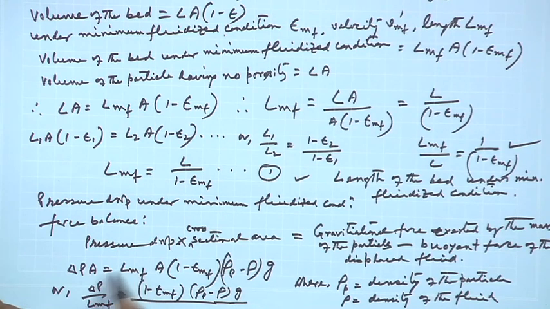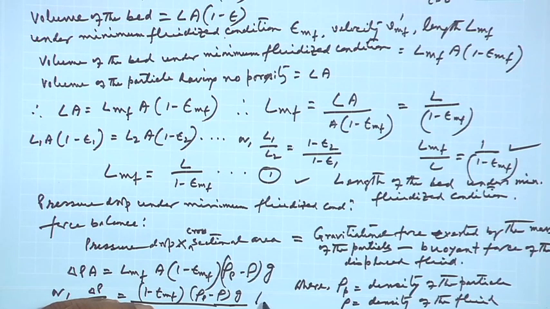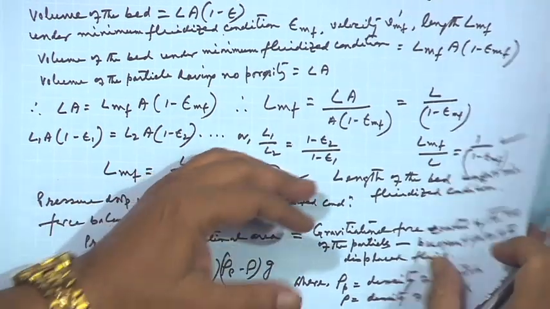A goes out, uniform cross sectional area. So, delta P by LMF is equal to (1 minus epsilon MF)(rho P minus rho) g. This we can say is equation 2.